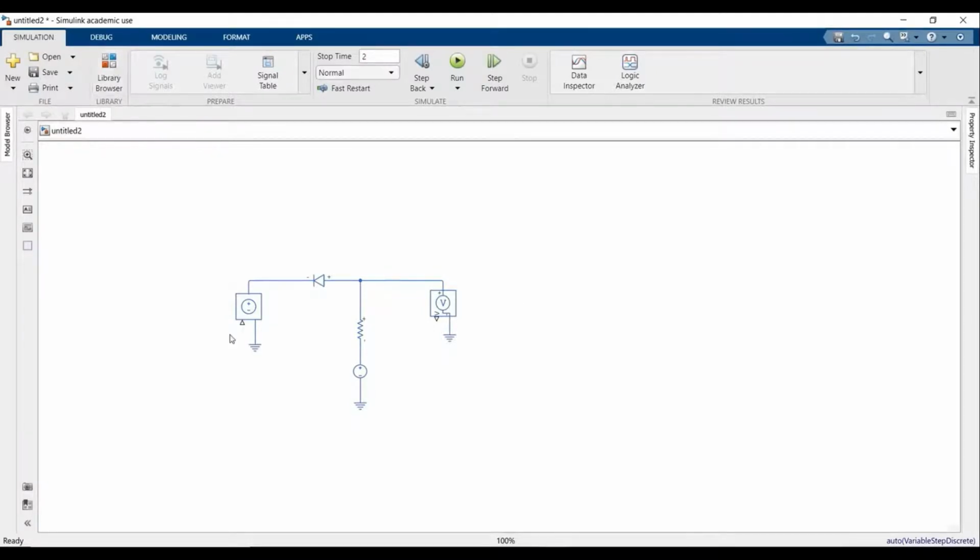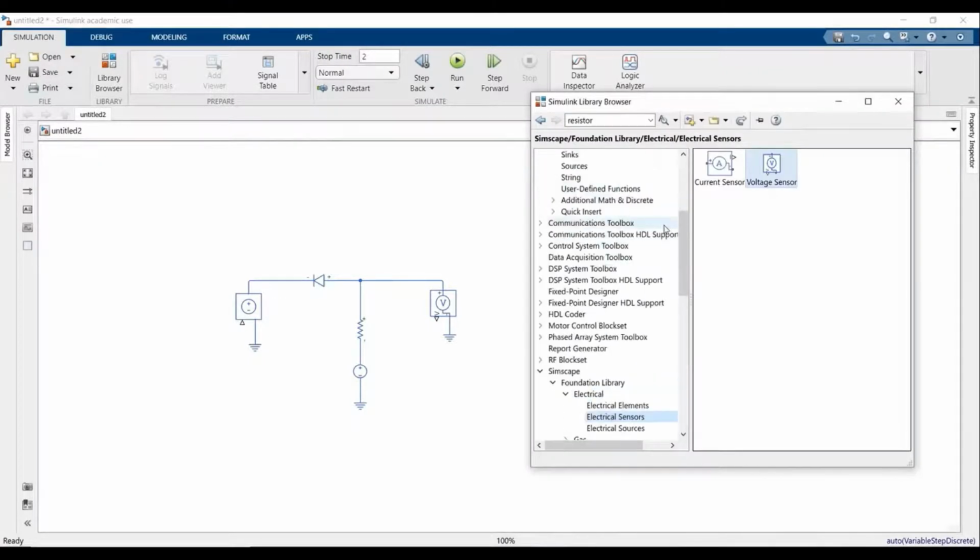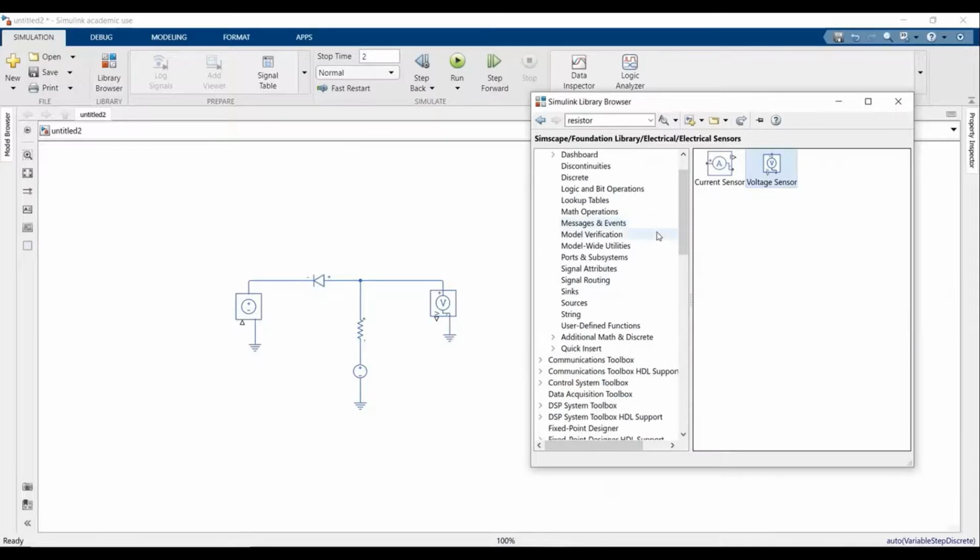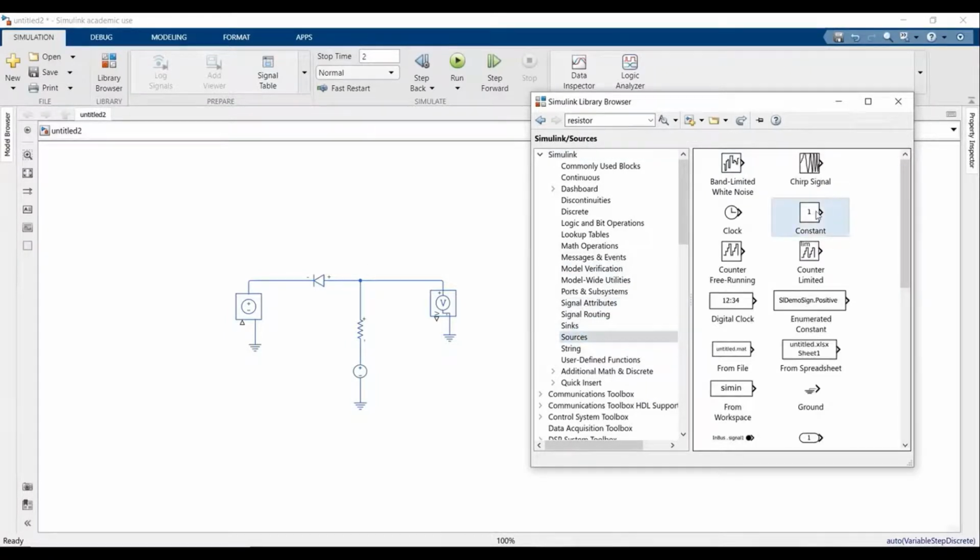To control this voltage source, we can use the components that we have previously. Okay, so go back to our Simulink source. We can take our constant voltage source.